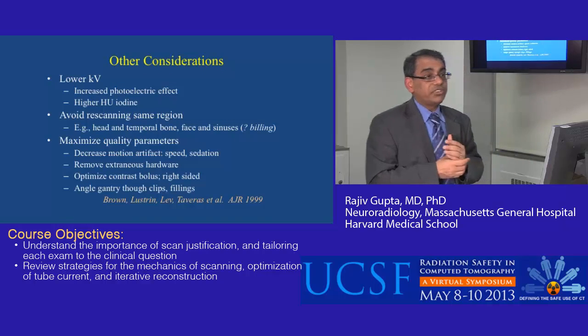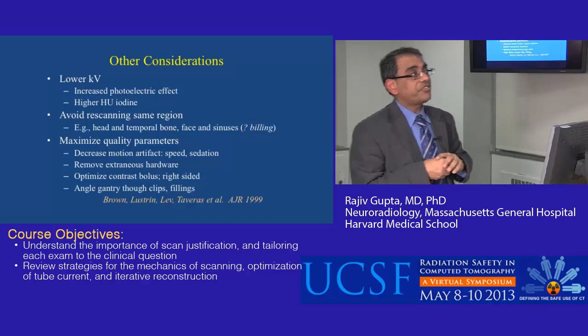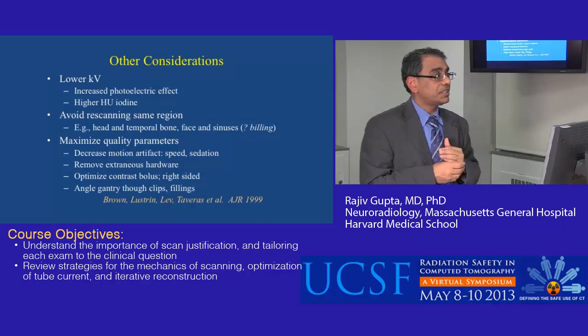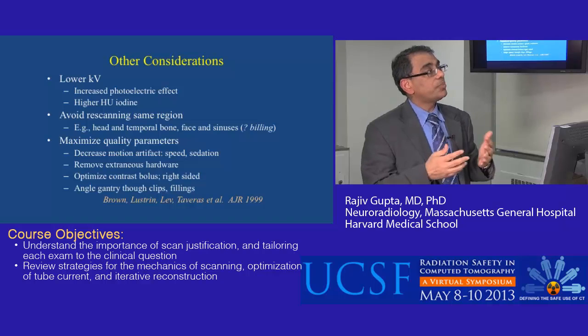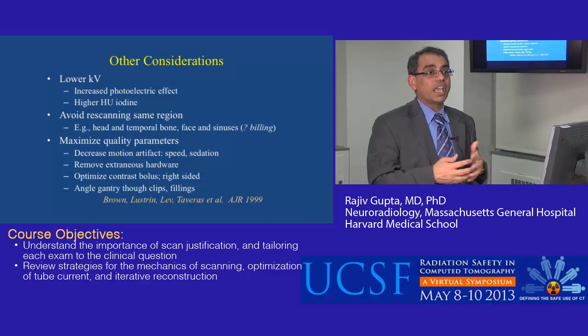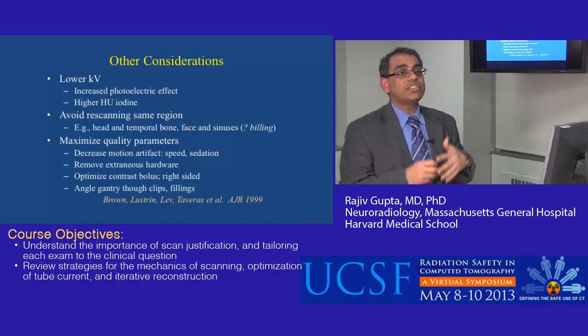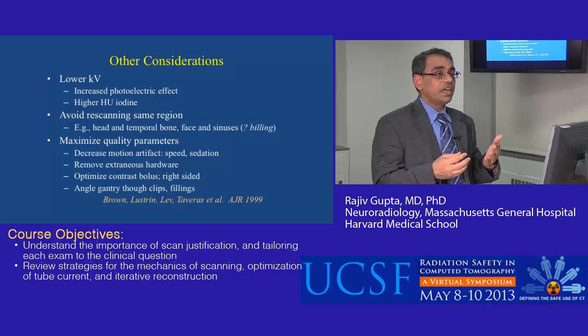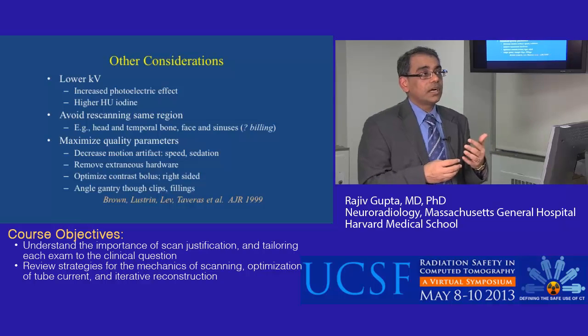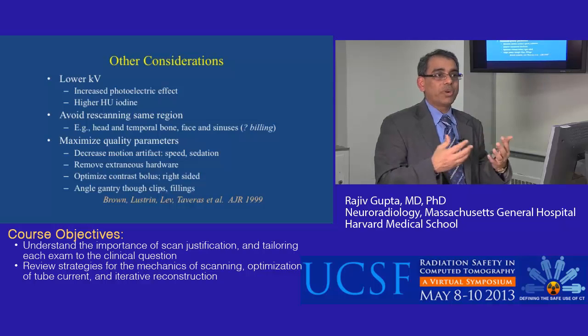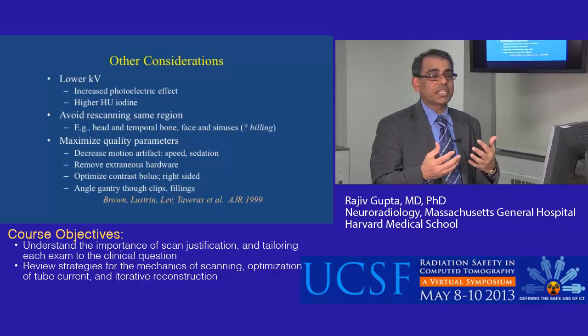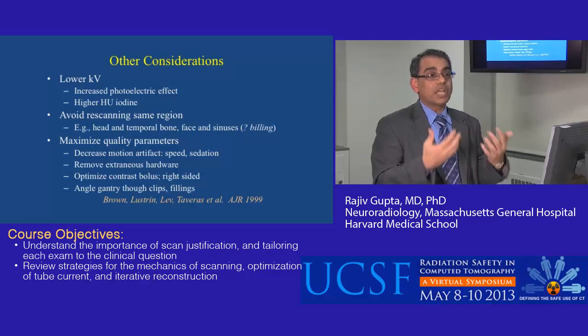So, there are some other considerations when we are titrating the tube parameters. So, just like MA on the tube is important, it is also important to lower the KV. In fact, the change of dose with respect to KV is nonlinear. When you increase the KV by about 15 to 20%, the amount of dose doubles.